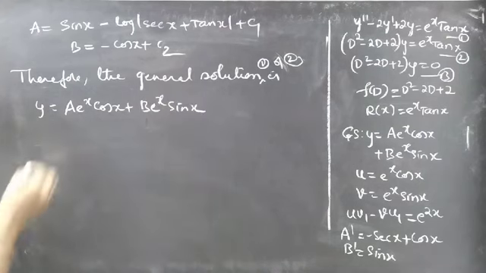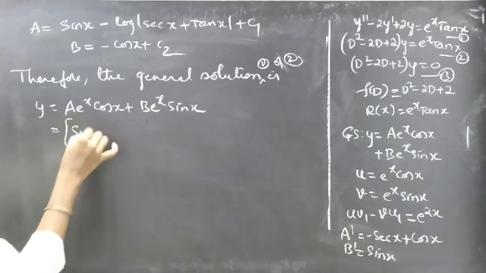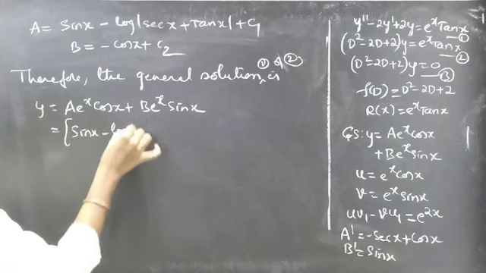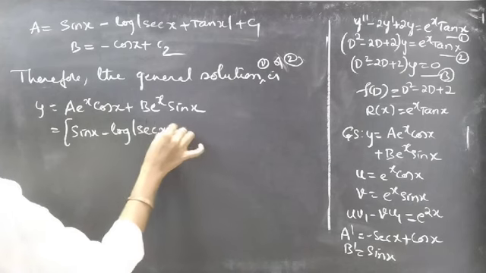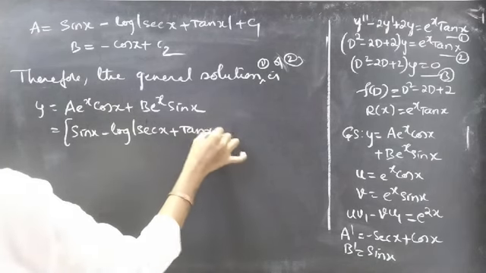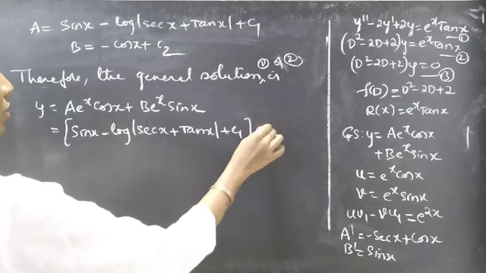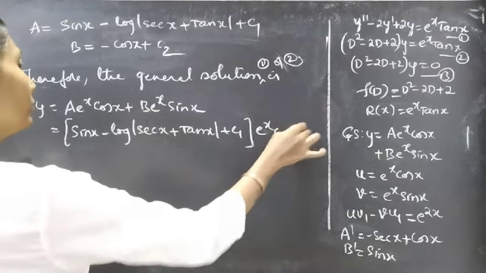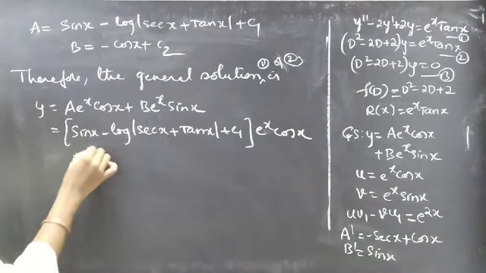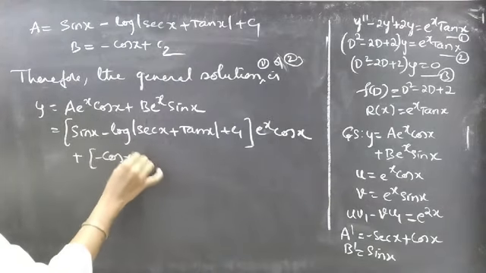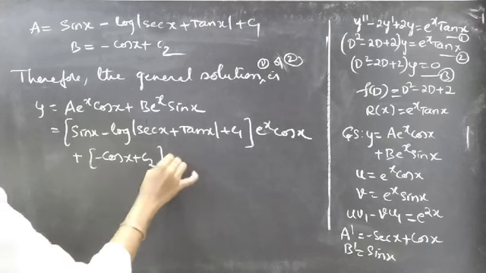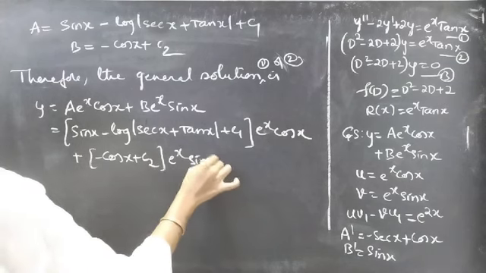Substitute A and B here. We have A, sin x minus log mod secant x plus tan x plus c1, into e power x cos x, plus b, minus cos x plus c2, into e power x sin x.